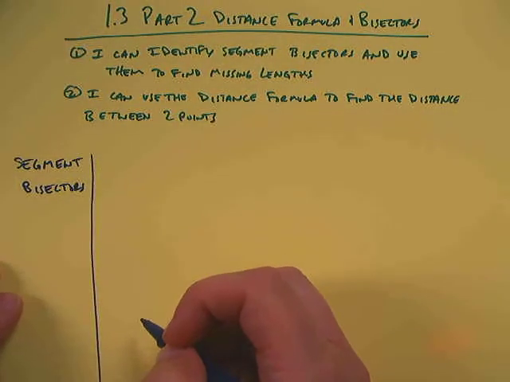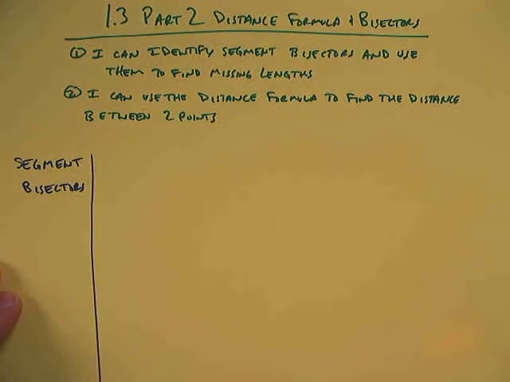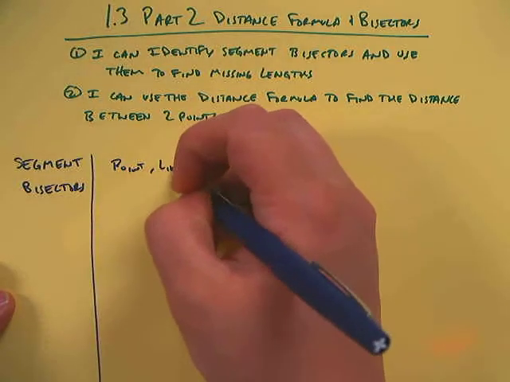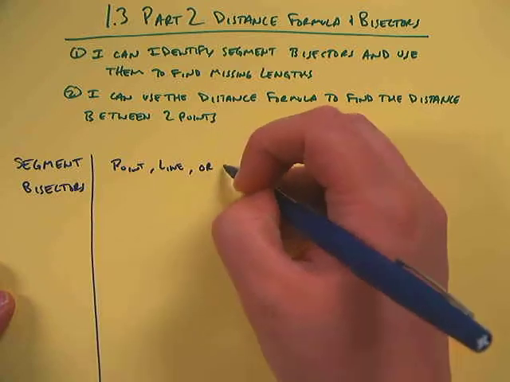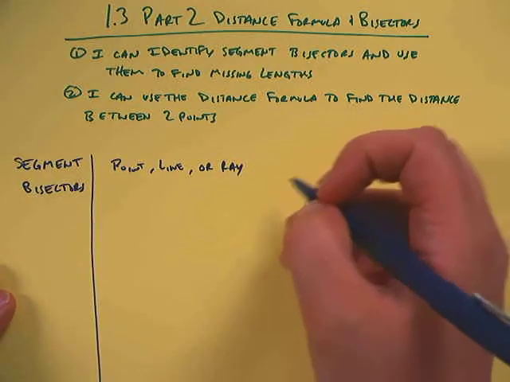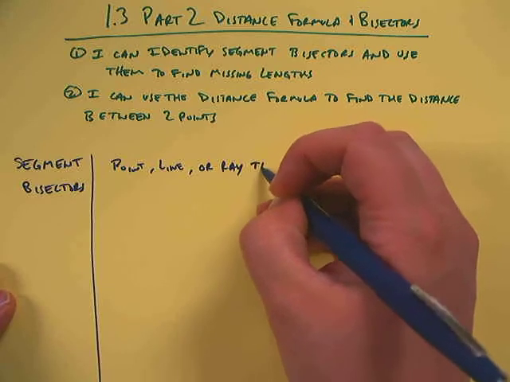Segment bisectors. Okay, so a segment bisector is a point, line, or ray that cuts a segment into 2 equal pieces.